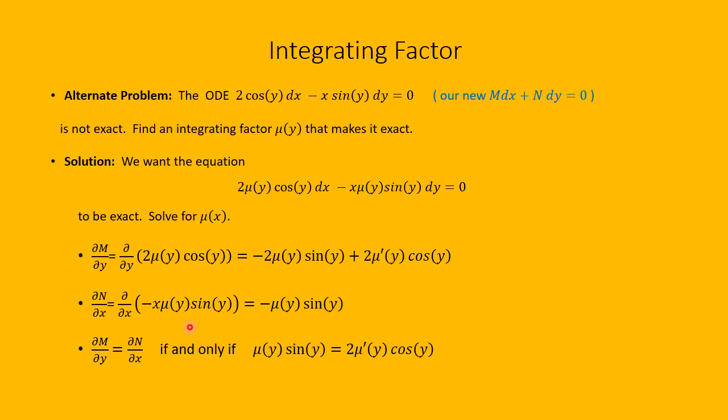Well, we have a product of functions of x here, so we had to use the product rule. So the partial of m with respect to y equals the partial of n with respect to x if and only if this expression equals that one. And that's the equation that we have at the bottom of this slide.